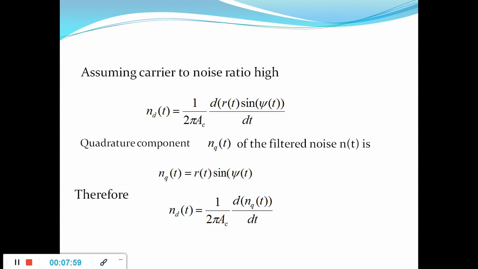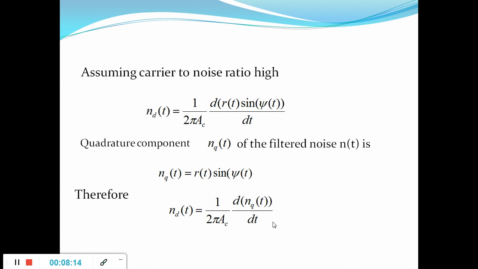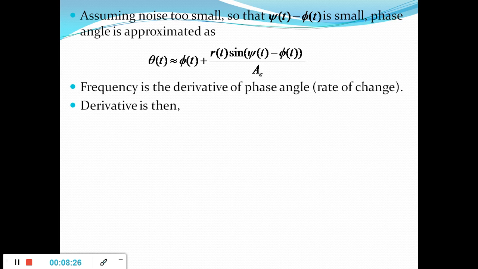Assuming the carrier to noise ratio is too high, the nd of t expression is simplified to just 1 by 2 pi AC d by dt of r of t sin psi of t. If we observe the quadrature component of the narrowband noise, it is r of t sin psi of t.